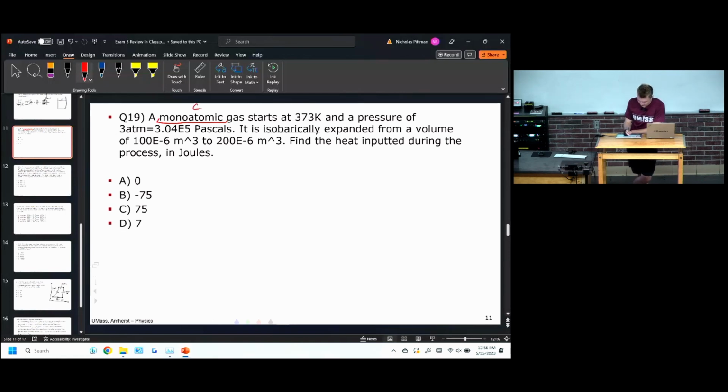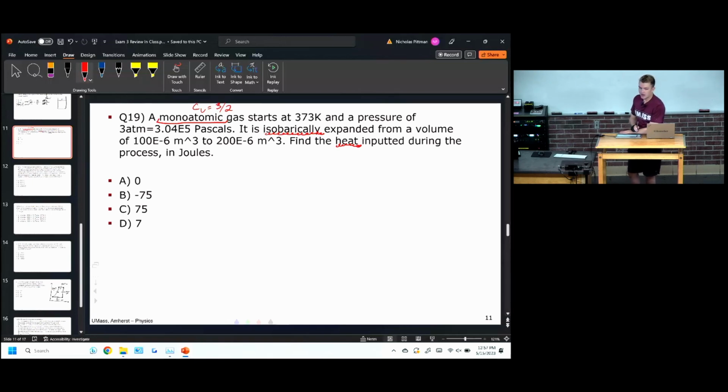CV equals 3/2 R. We have an isobaric process, which tells us we should either try using Charles' law or the first law, simplified. And the last buzzword is we are asked about the heat input.